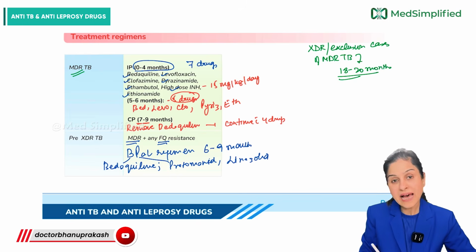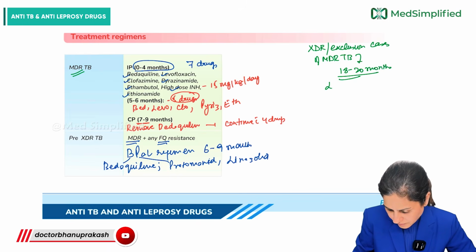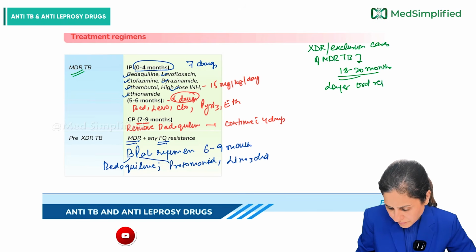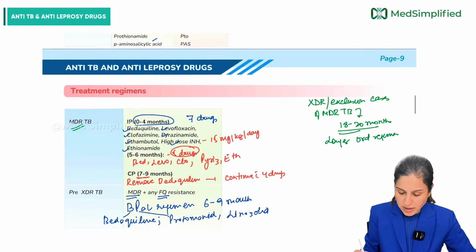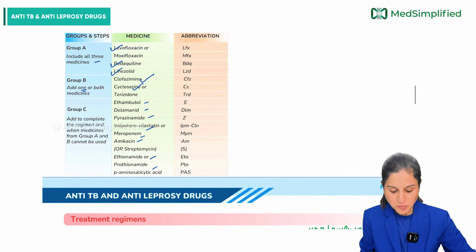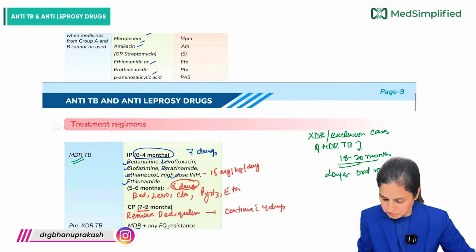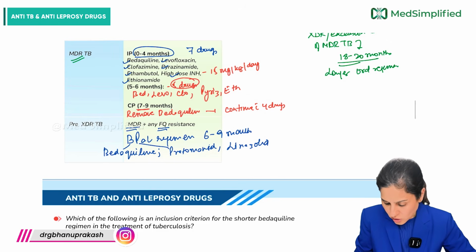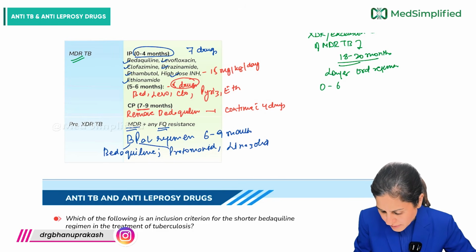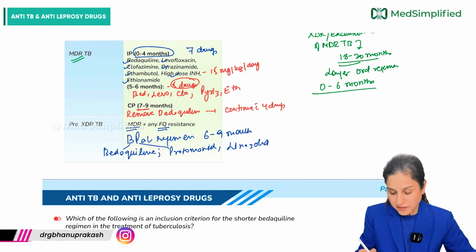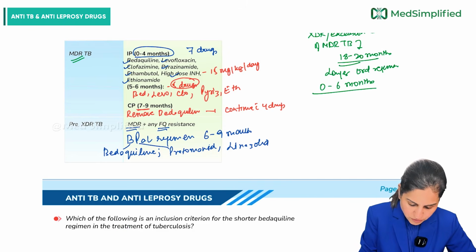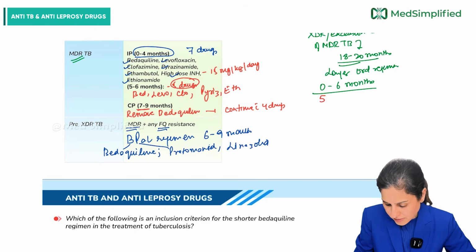So here we have the longer oral regime. Here I was talking about how we need to include drugs from groups A, B and C. So here what you do is for 0 to 6 months, we have a regime of around 5 drugs.